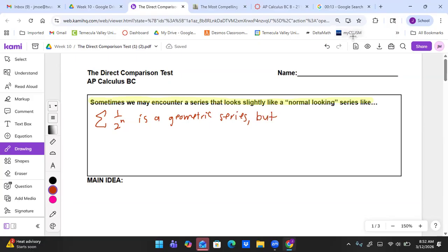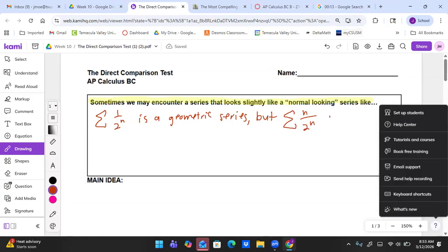But if you change it ever so slightly, like maybe replace the 1 with an n instead, now this is not a geometric series. And we've seen this before, and we did the nth term test doesn't work. I think we did the ratio test with something like this.